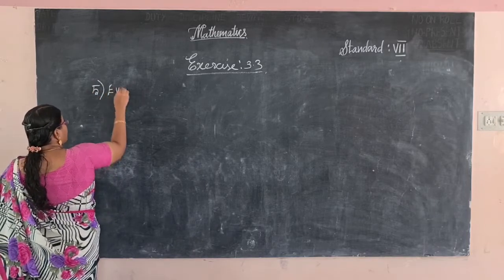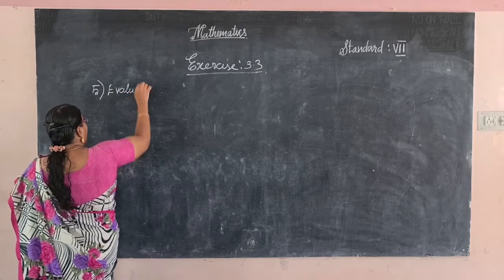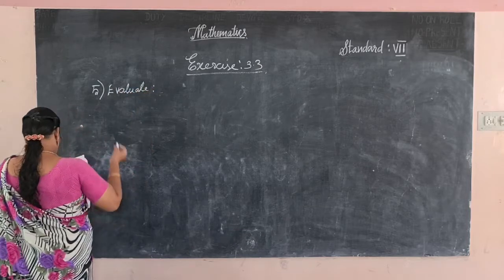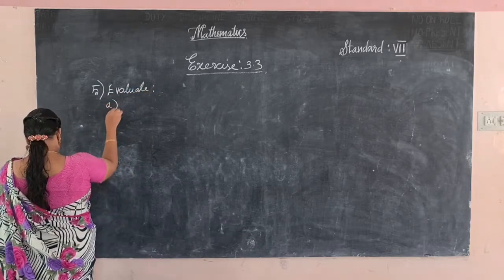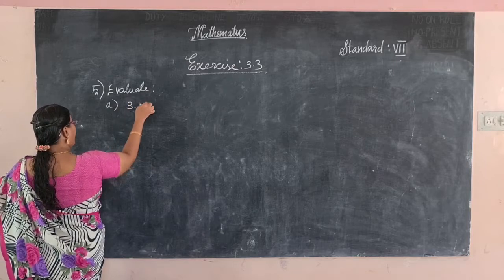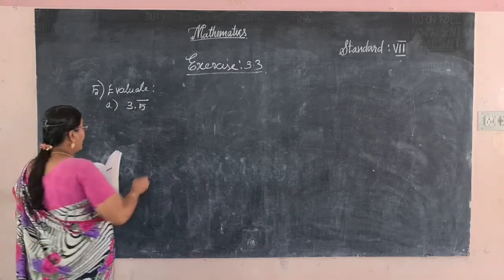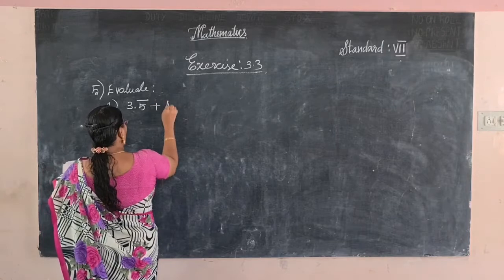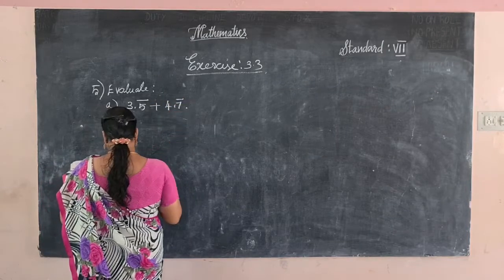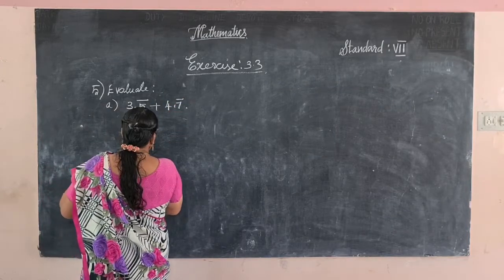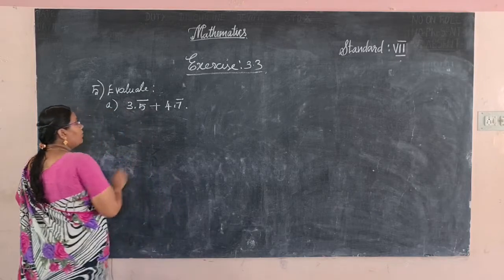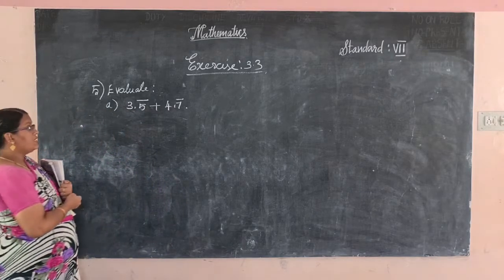Evaluate 3.5 bar plus 4.7 bar. So which numbers are given? 3.5 bar plus 4.7 bar.